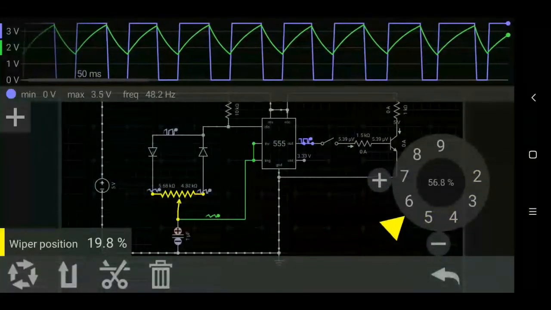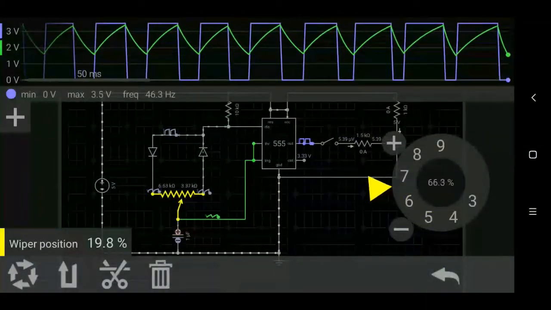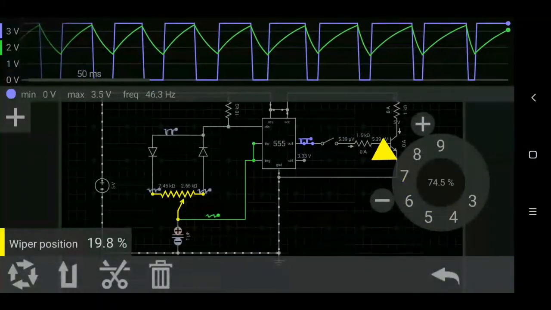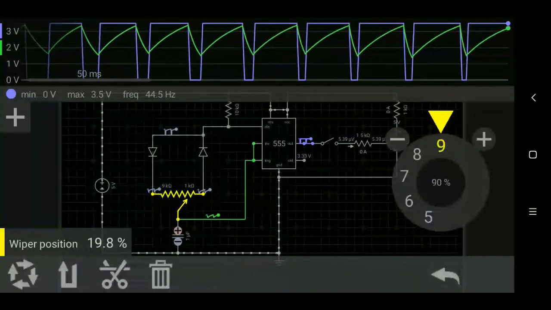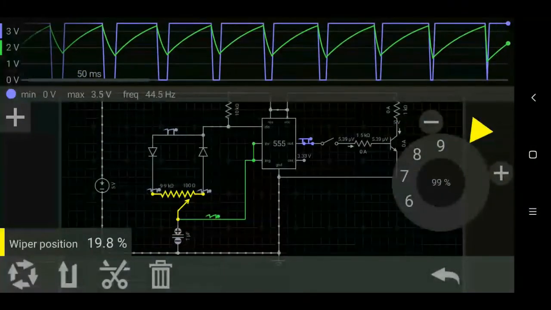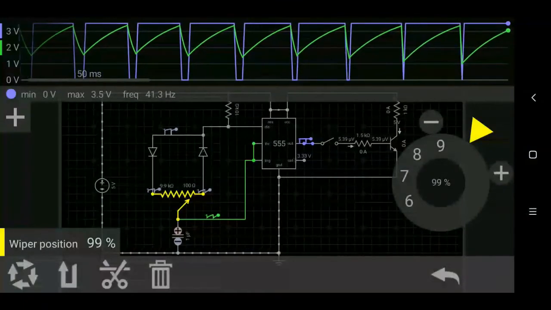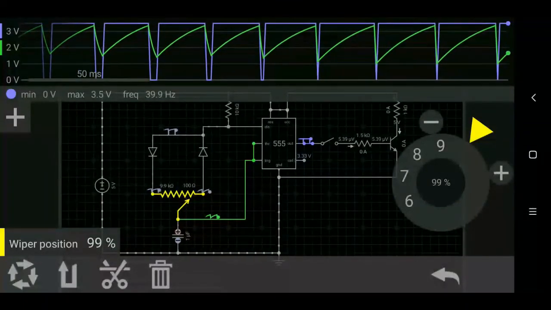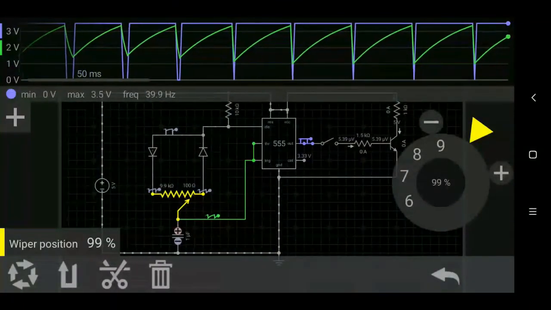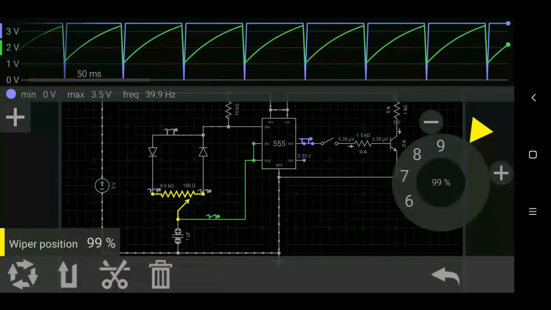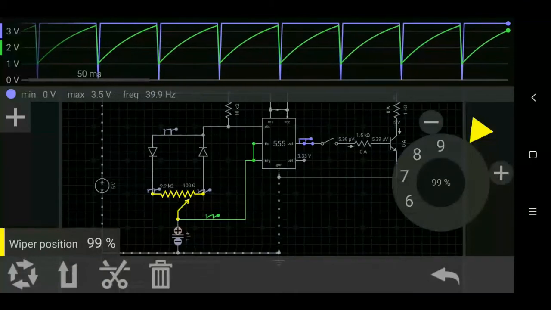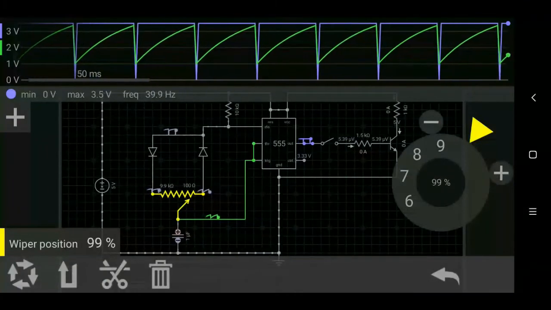We will go on decreasing the discharge time, and you can see that the off time also decreases. This is the minimum discharge time we can get, and the maximum duty cycle. I think this is a 99% duty cycle. That means for 99% of the time the output is on.